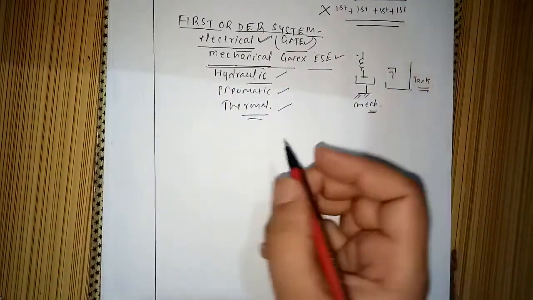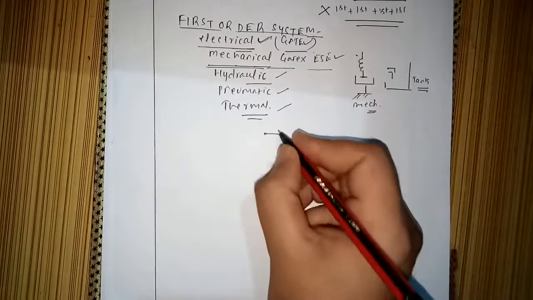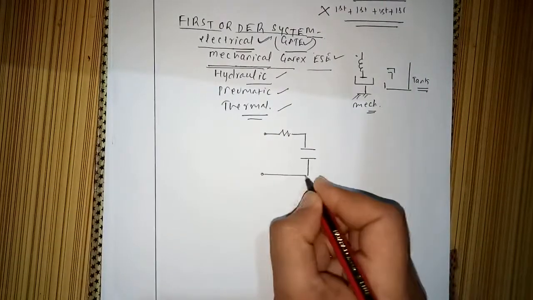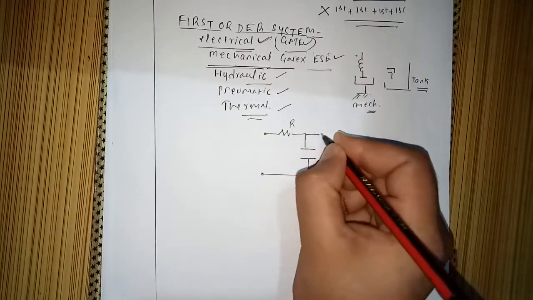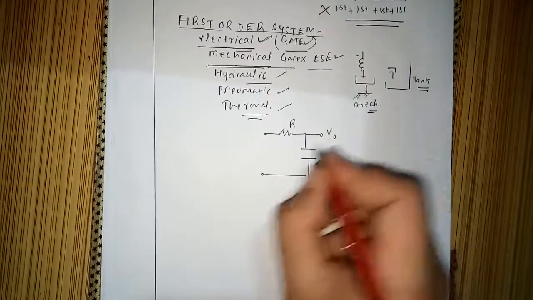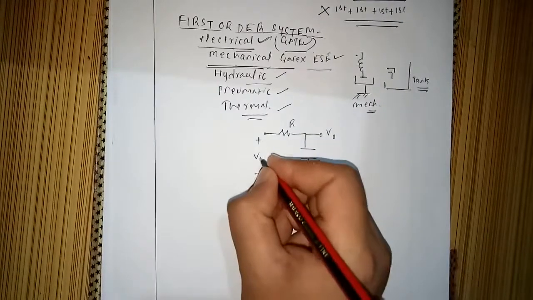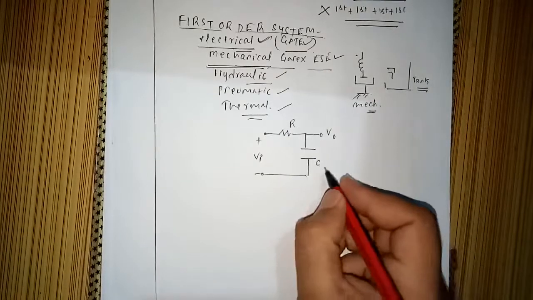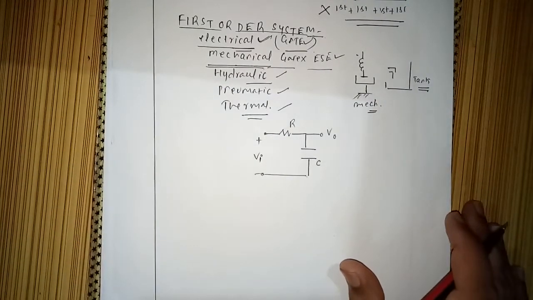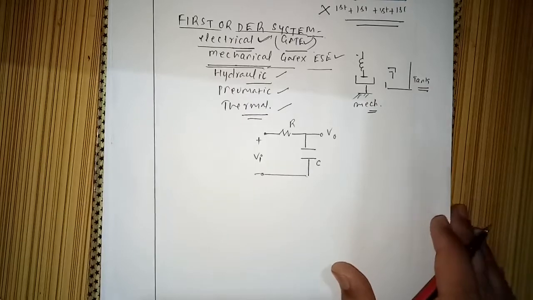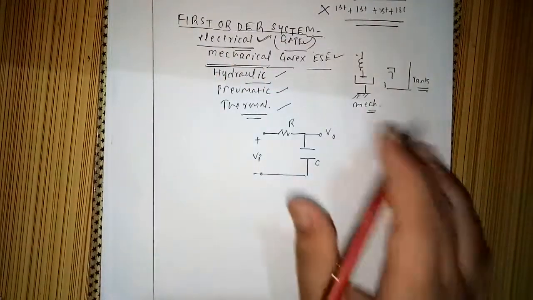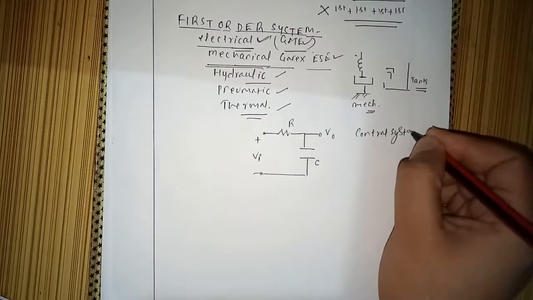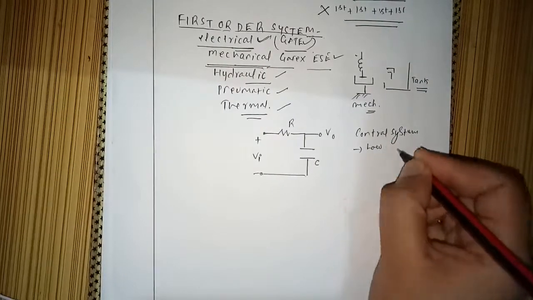A first order system is like this, R and C. This is very simple. An RC low pass filter, V0 and Vi. Why have I taken this low pass filter? You may ask whether this can be a high pass filter, but that is not the case with control systems. Generally control systems are low pass systems. Why low pass? What do we mean by a low pass system?